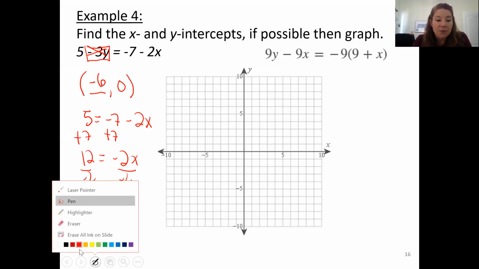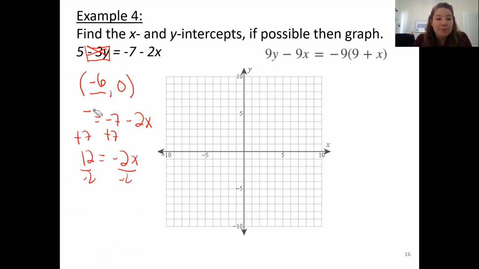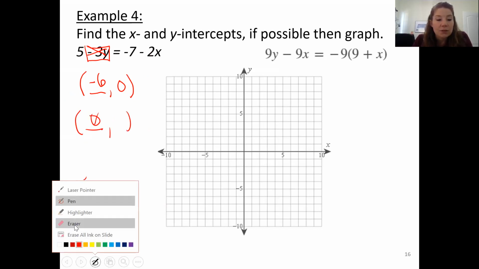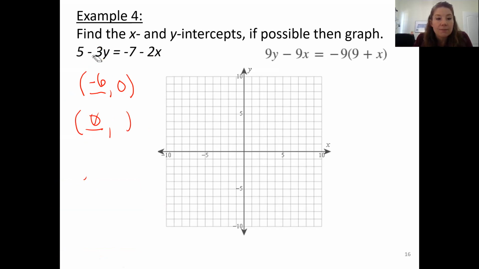Now I want to solve for the y-intercept by making x 0. So if x is 0, I want to get rid of this.